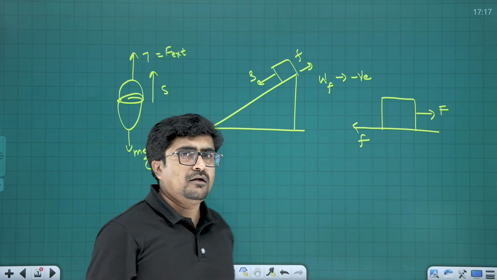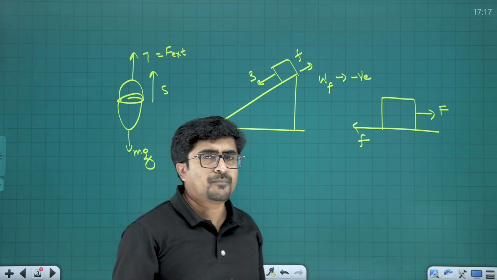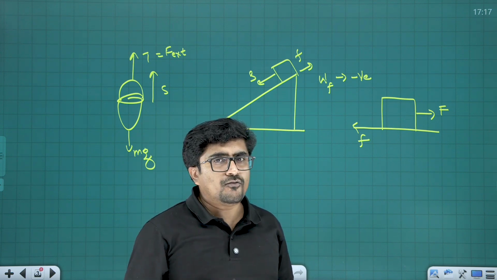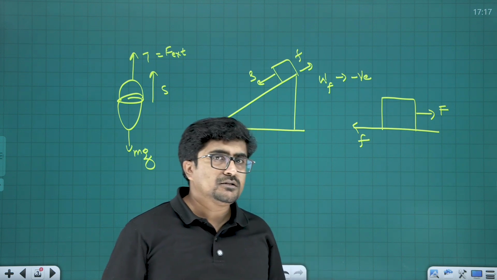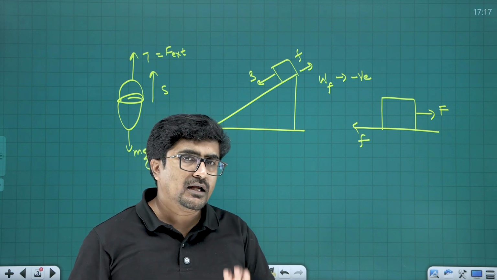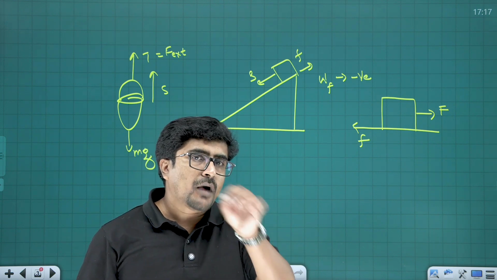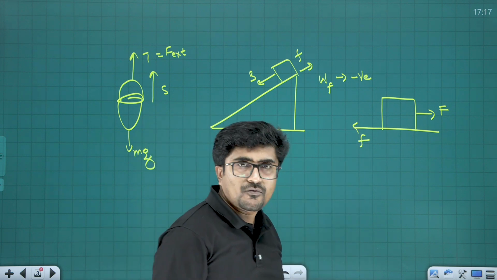You might be wondering why this fellow took frictional force. Because here the existence of force is clear. Force is there, and even then the body is moving with a constant velocity. That means definitely there must be some other force acting in the opposite direction. Okay, and that is that frictional force.